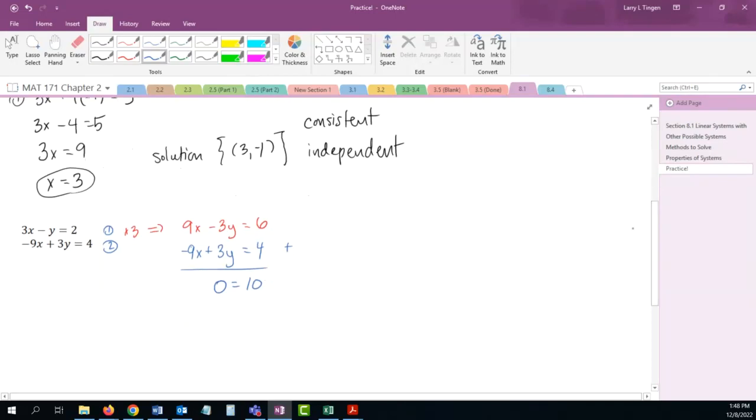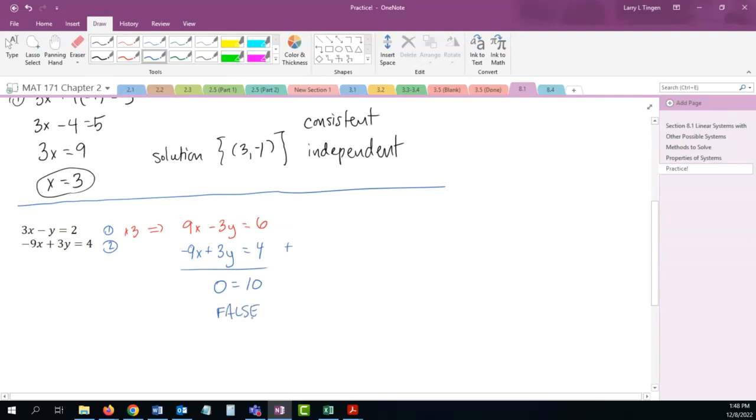Well, you know already that if both variables fall out, you either have a consistent and dependent system, or you have an inconsistent independent system. Which one is this? Well, I got something that's false.